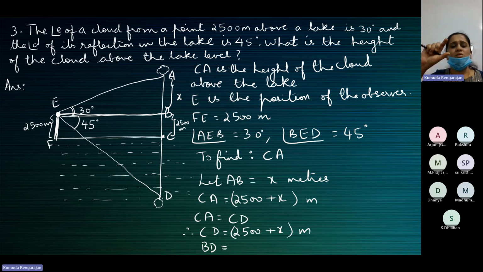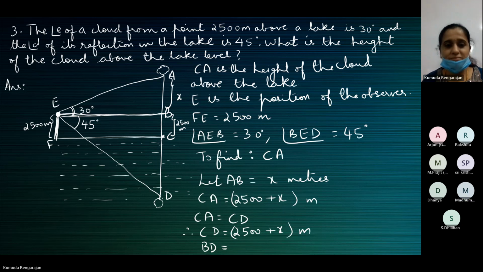X is only AB, no? X is only AB. Ma'am, it's equal to ED, ma'am. No. How is it equal to ED? Because the angle is 45, huh? How will the hypotenuse be equal to something?